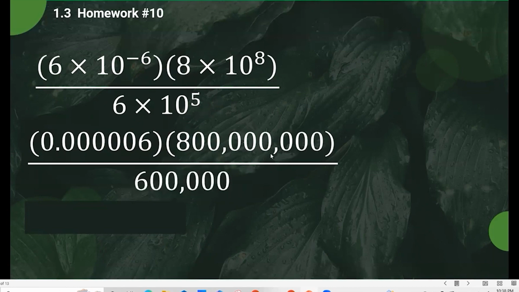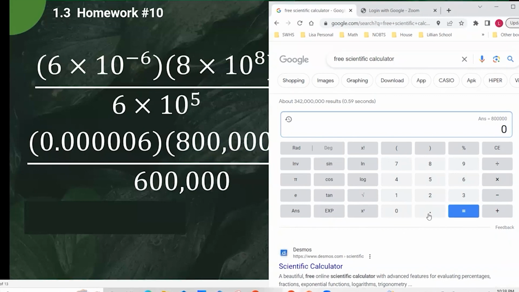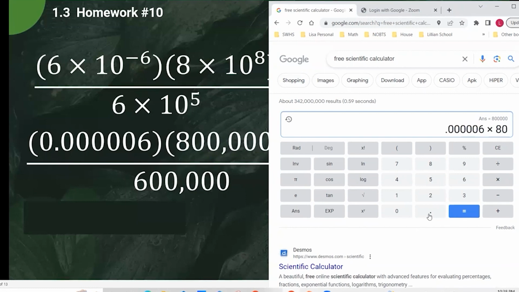All right, then we're going to grab our calculator. Let's clear this out. We're going to do point, and 5 zeros, 1, 2, 3, 4, 5, and a 6. And then times 8 with 8 zeros, 1, 2, 3, 4, 5, 6, 7, 8.